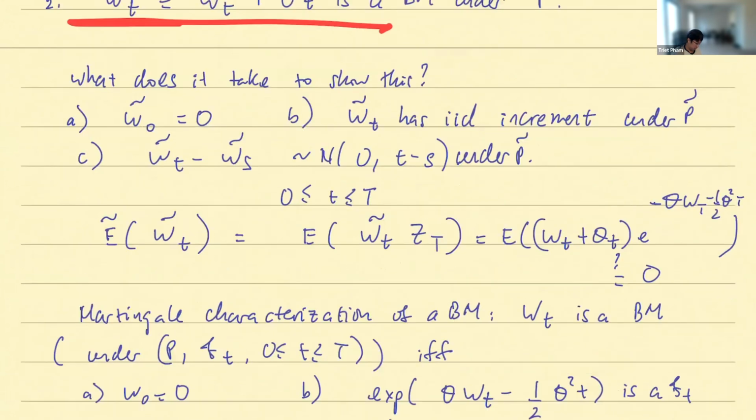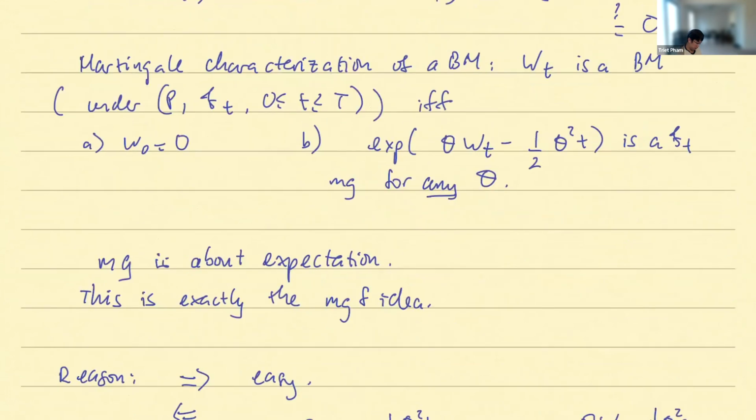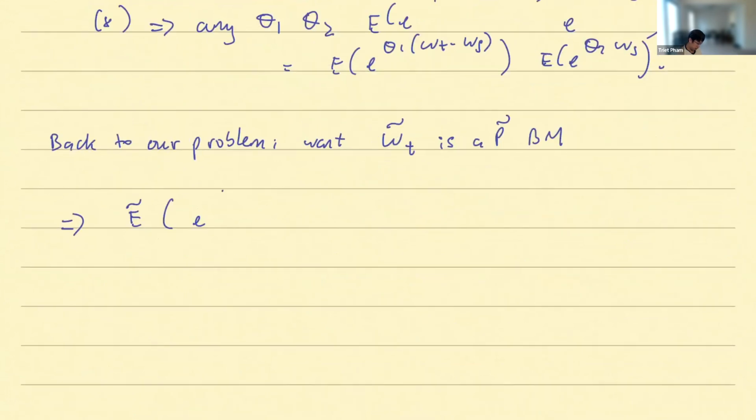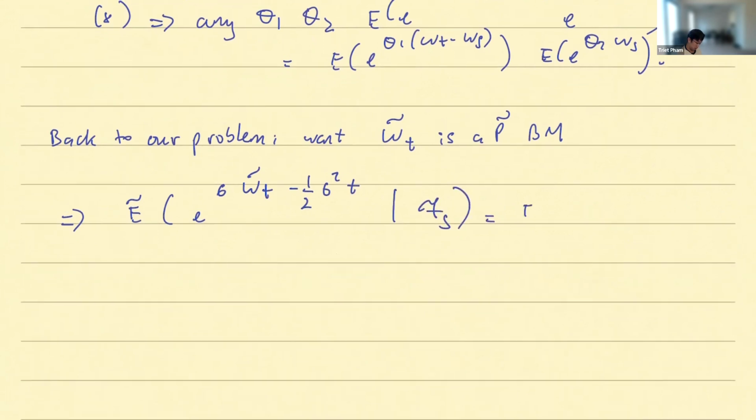So let me change to some parameter, sigma. E to the sigma W tilde T minus 1/2 sigma squared times T, conditioned on F_s, will be equal to e to the sigma W tilde S minus 1/2 sigma squared times S, for any S less than T.